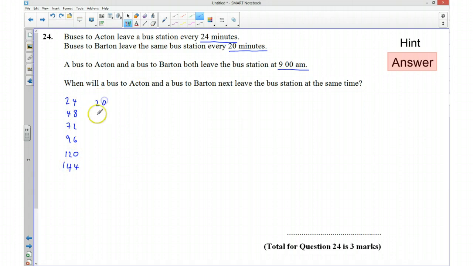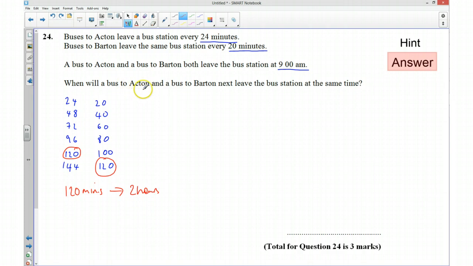So we've got 20, 40, 60, 80, 100 and 120, and we've spotted that I've got 120 here and 120 here. So that means it's going to take 120 minutes, which, with 60 minutes in an hour, is 2 hours before the buses leave again at the same time.